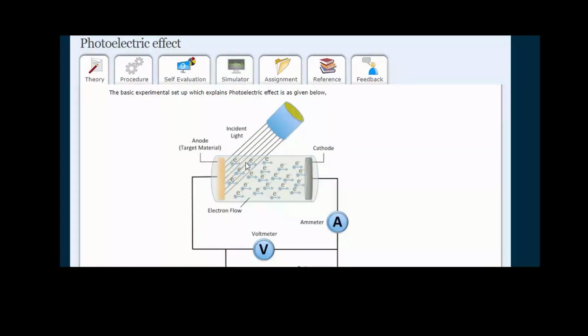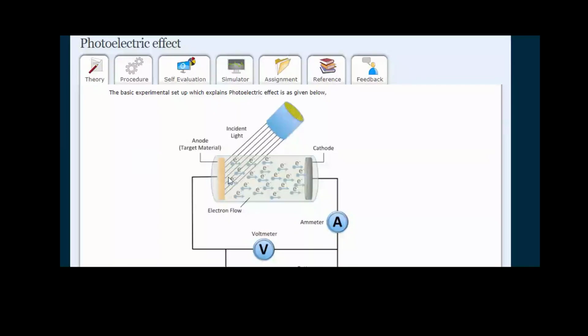those electrons will be ejected. As many photons as are striking, a similar number of electrons will be ejected. If 10 photons strike the metal surface, 10 photoelectrons will be ejected.